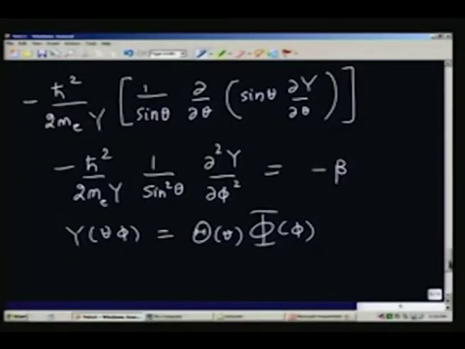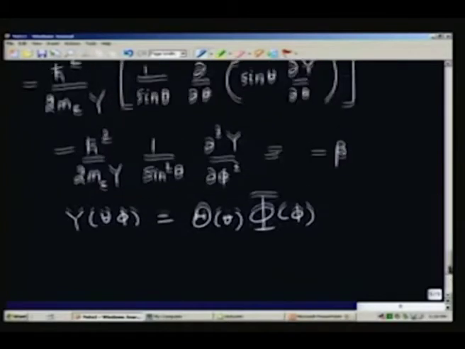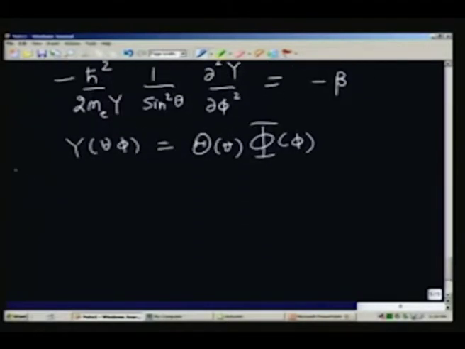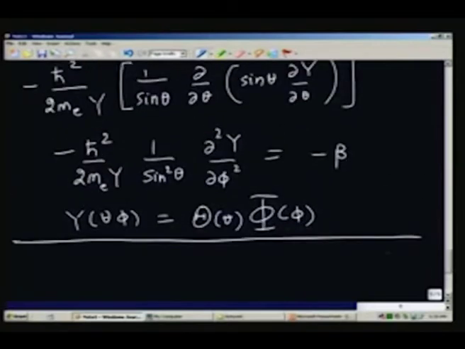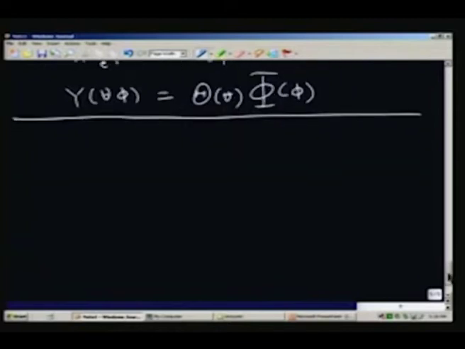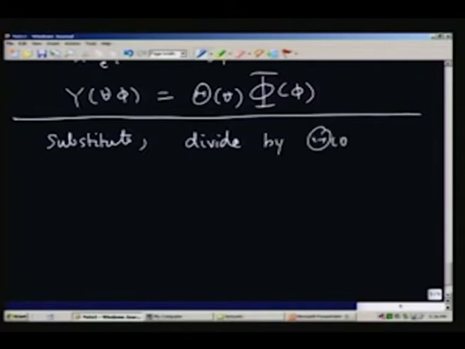Okay. Let's just do the separation on the theta and phi. So again you have to do the same thing: you substitute and then you divide by theta and phi on both sides. So let's write this equation with that having done. Substitute, divide by theta of theta and phi of phi. What you get is minus h bar square by 2me.